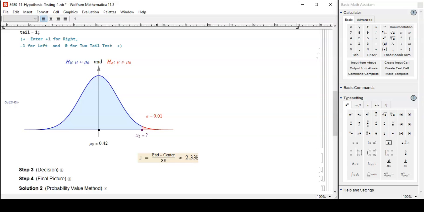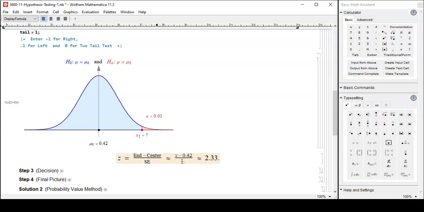Let's go back to the problem. All right, now, what is the end in this problem? X, the critical value, and the center is 0.42, the null. By the way, some bigger font will be helpful.